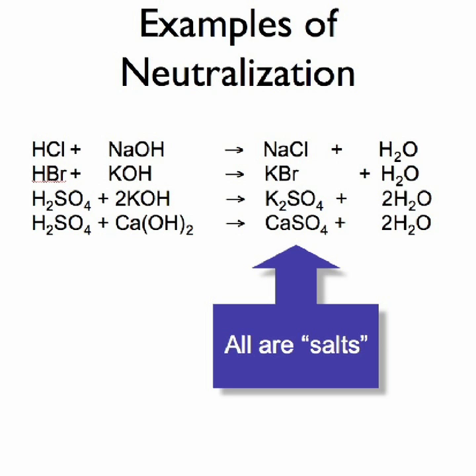The salt, potassium bromide, all group 1 salts are soluble, so this would exist as aqueous potassium ions and aqueous bromide ions. And then we have liquid water. When we remove the spectator ions, the potassium and bromide ions, we end up with our net ionic equation. Aqueous hydrogen ions react with aqueous hydroxide ions to form liquid water.